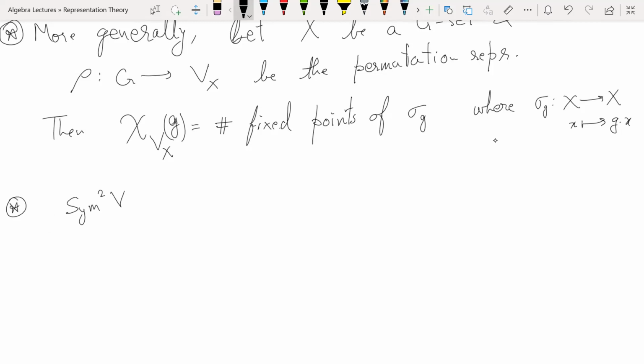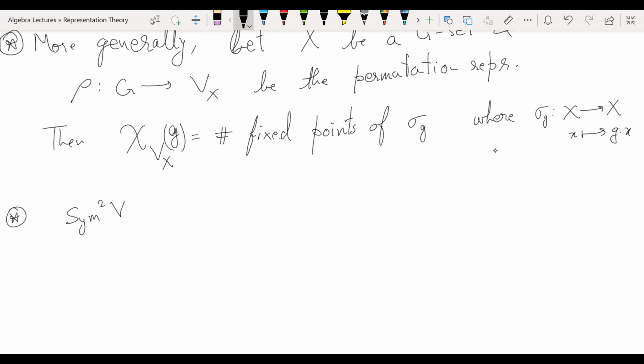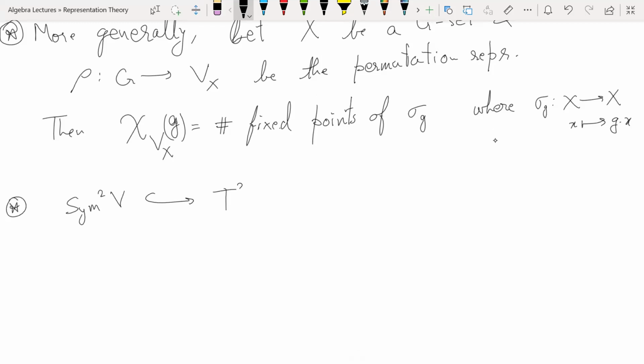I want to think of it as a sub of the tensor. We know that this is both a quotient and a sub of the tensor. So how do we think of it as a sub of T2V? We'll work with a basis.